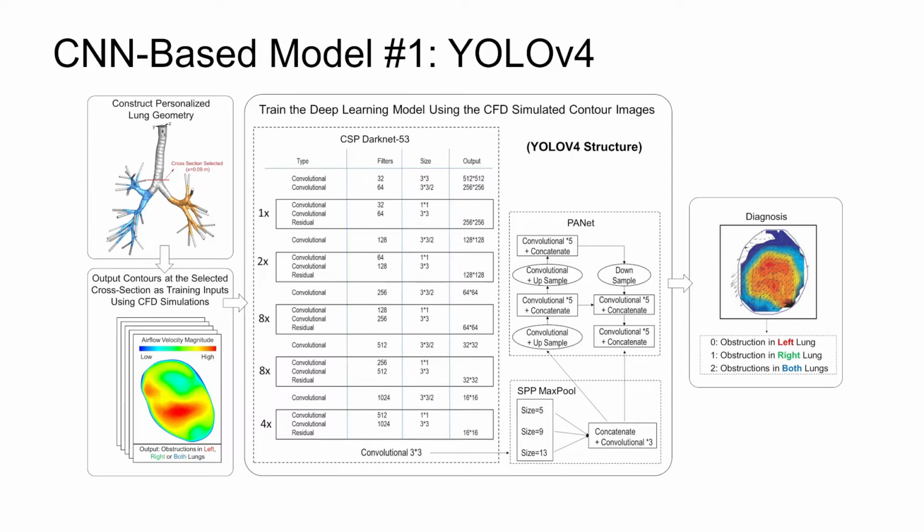One is called YOLO v4. As you may see, this is the training process. All the labeled contours go into the system, and then we see whether this model can be trained well to classify whether the obstruction is in the left lung, the right lung, or both lungs.